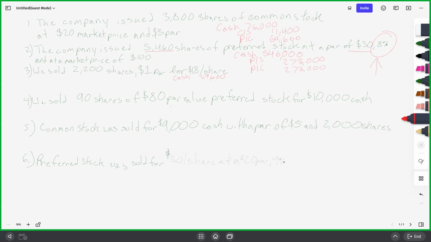That's why I changed the wording up for all of these. So it is common stock. And what did you say the answer was? 2,200. And what's our APIC account? 37,400. Awesome. We sold 90 shares of $80 par value preferred stock for $10,000 cash.